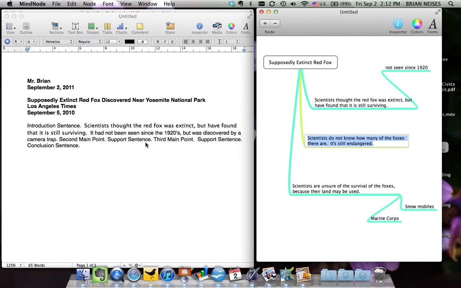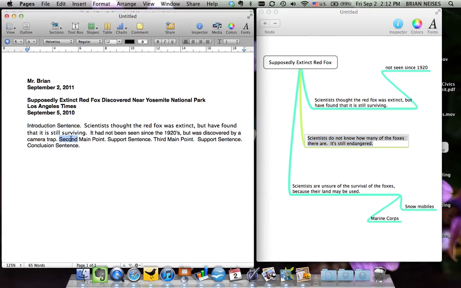Okay? So I might take that and put it in instead of my second main point. You would obviously need to type this. Okay? I'm going to copy paste it, but scientists do not know how many red foxes there are. It's still endangered. Notice I do have two sentences, so I kind of already have a support sentence there. So be careful that you're not adding too many sentences.